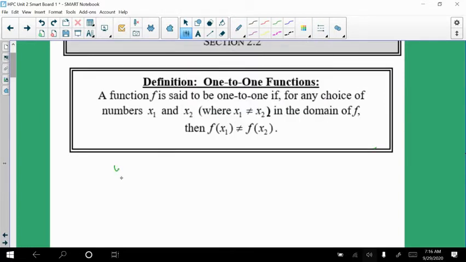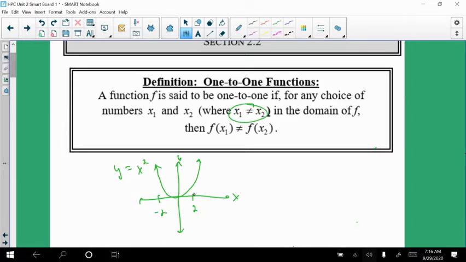Let's think about the function y equals x squared. If you look at y equals x squared, which is just a nice little parabola, you have a graph that is definitely a function, so it passes the vertical line test. But if you look specifically at 2 and at -2, those are both different x's.